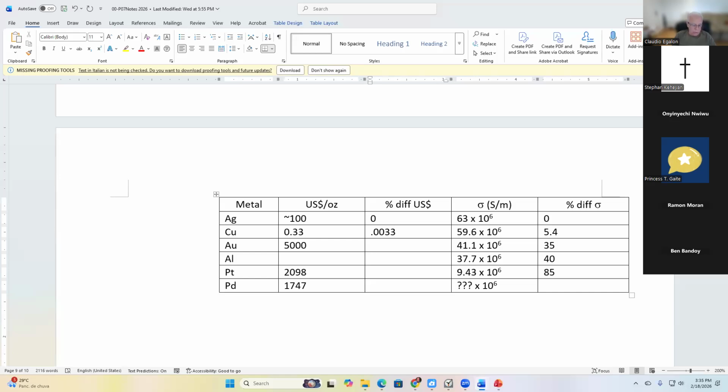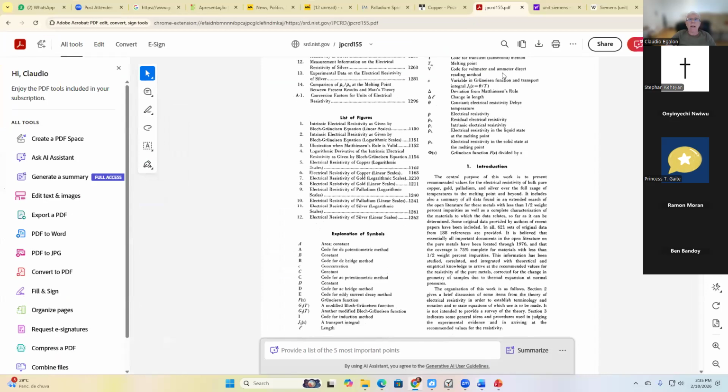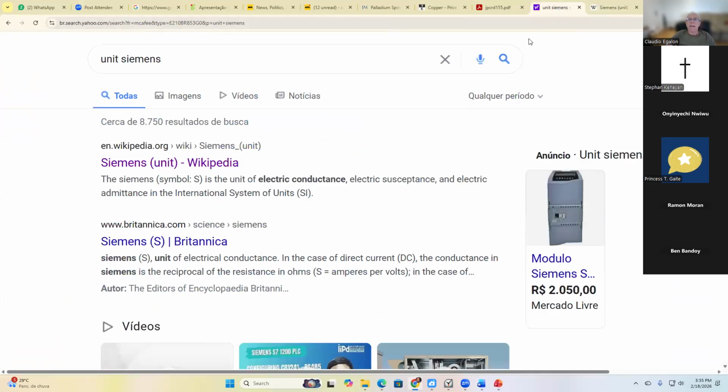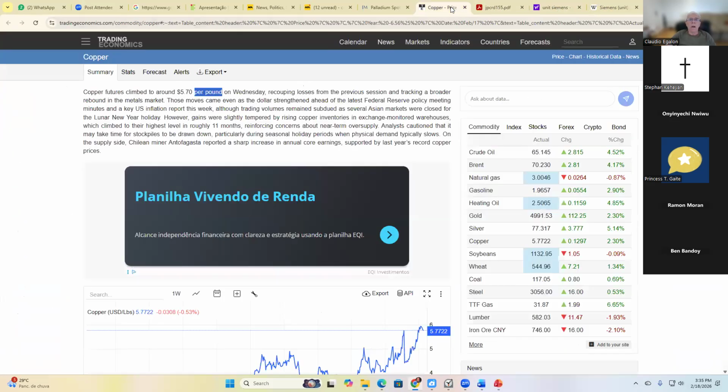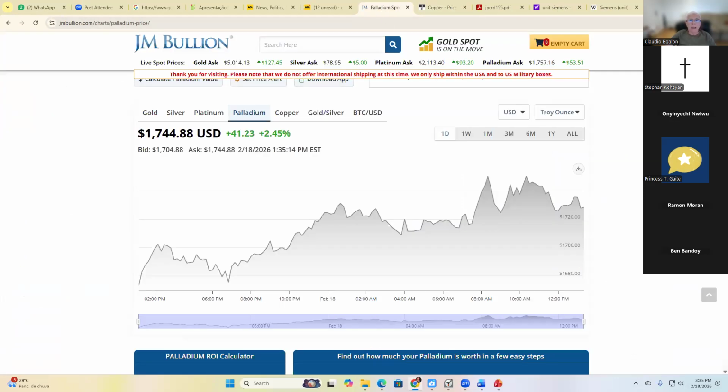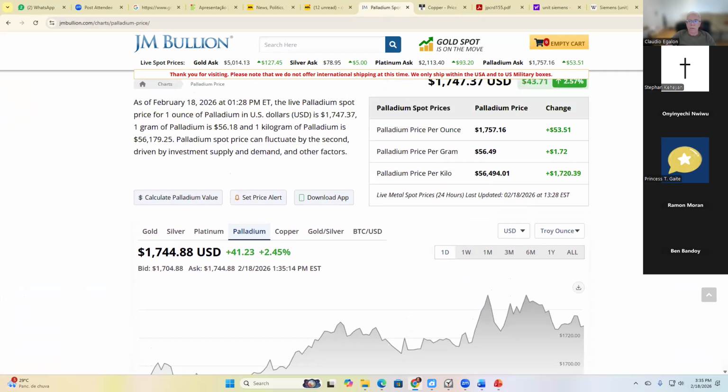And now gold, and by the way, gold per silver right now is 50, right? And that's a very important ratio, gold to silver. Right now it's around 50. Let's take a look at the table here. This table that we're looking at had the gold to silver ratio as well.